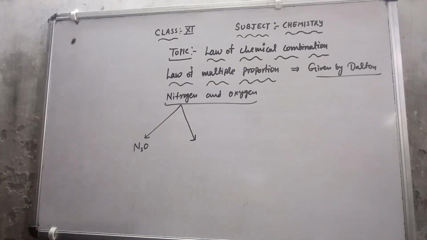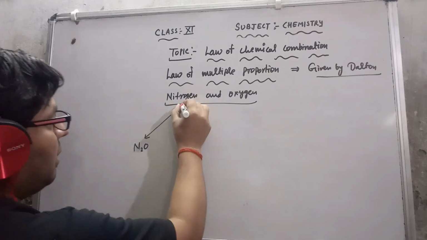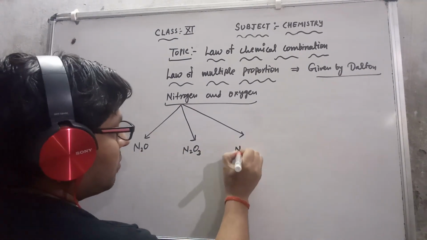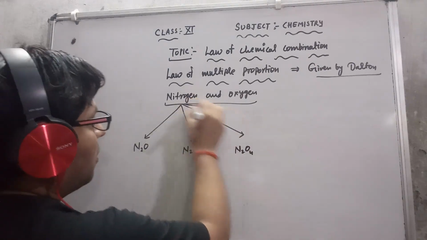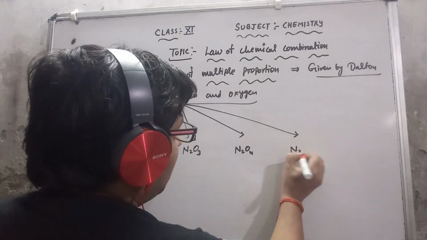The other compound, I can get from here, N2O3. The third, I will get here N2O4. Fourth, this is N2O5.